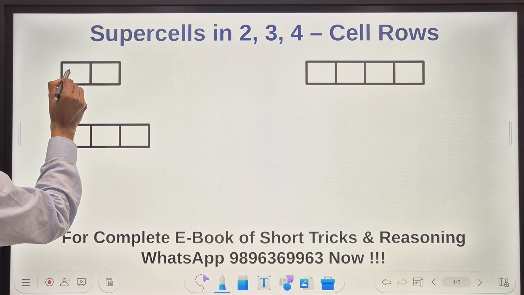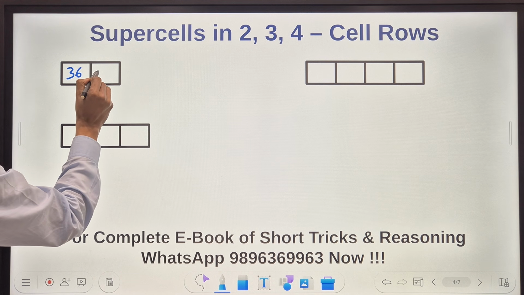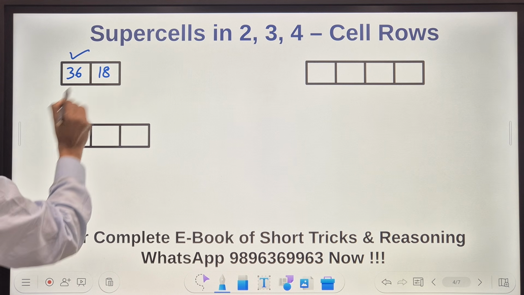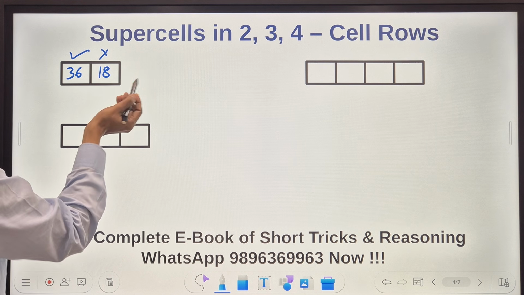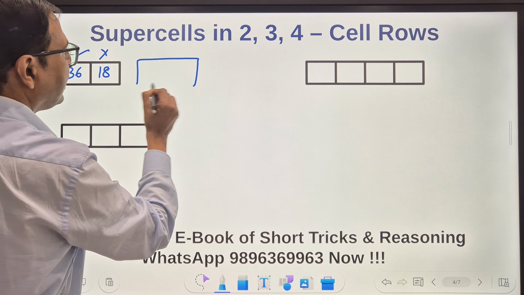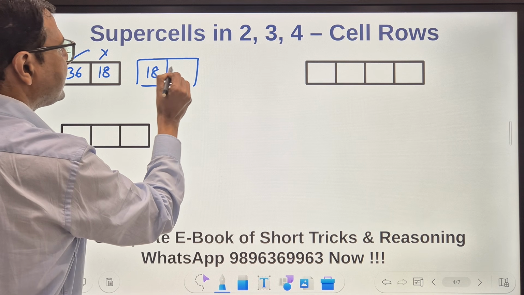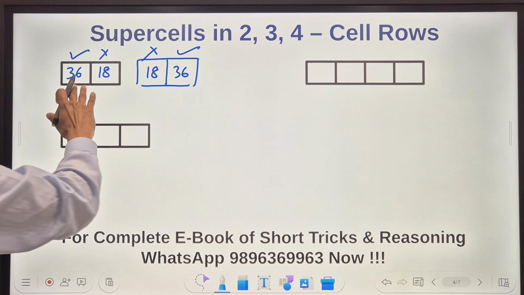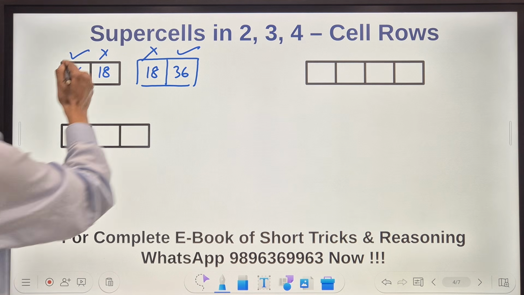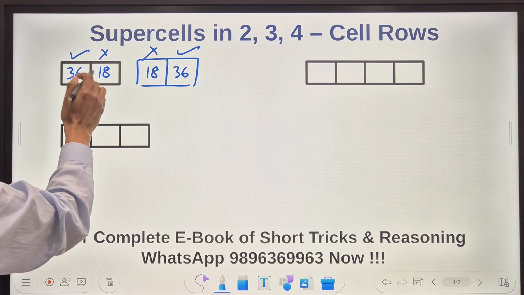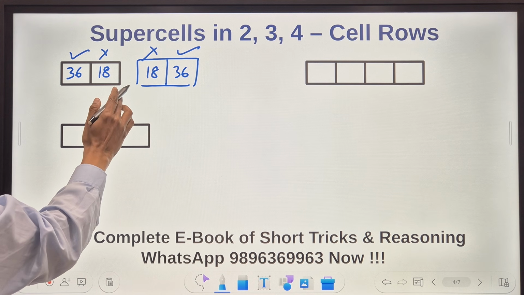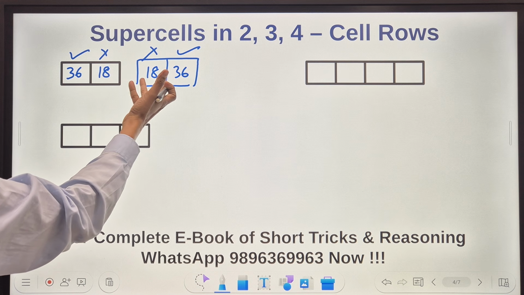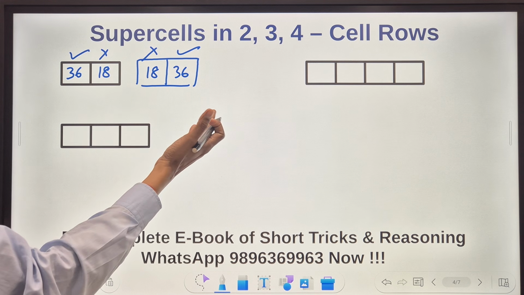So if I write this as say 36 and 18, this is the supercell, this is not the supercell. But if I exchange it like this, 18 and 36, this will become the supercell, this will not be the supercell. So in a 2-cell row like this, there will be a maximum of one supercell. Both of them cannot be supercells.